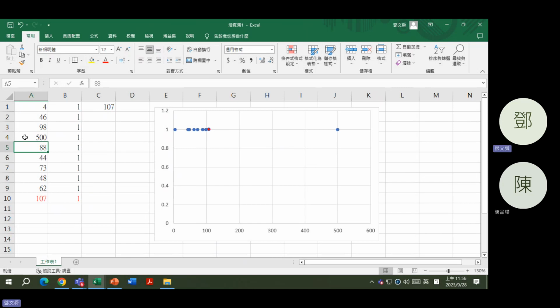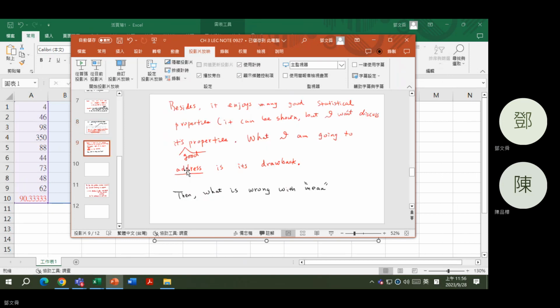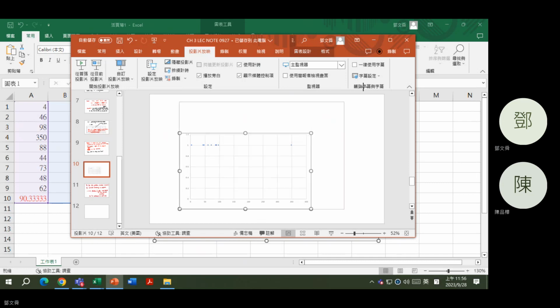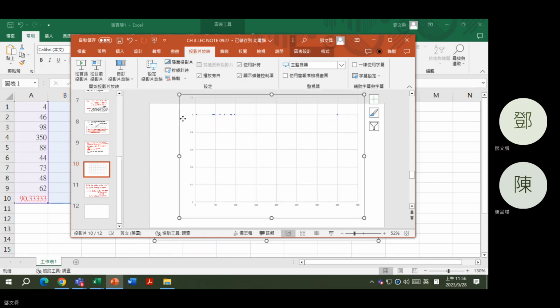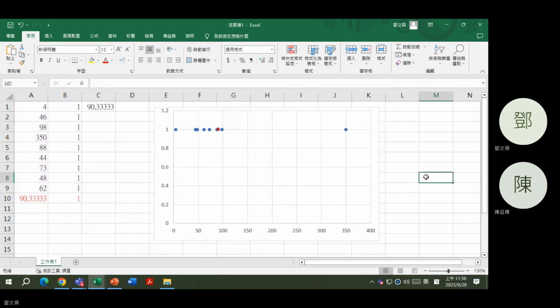So as we can see from the figure, let's just make it 350. Copy and paste. Where is the red dot? What happened? Copy.